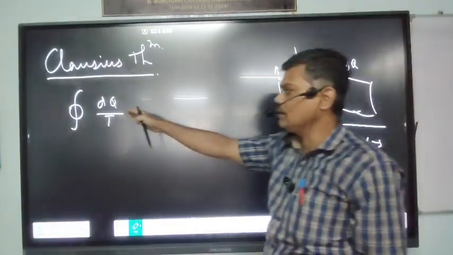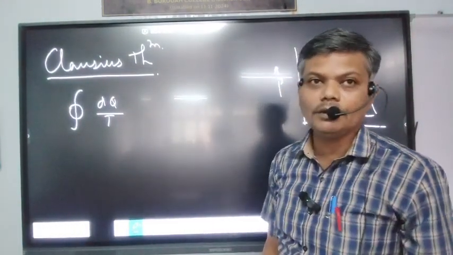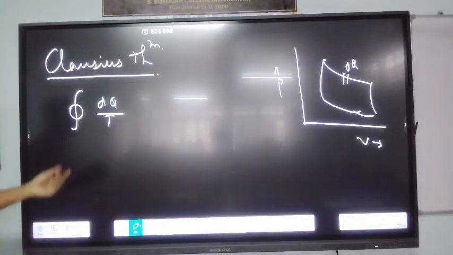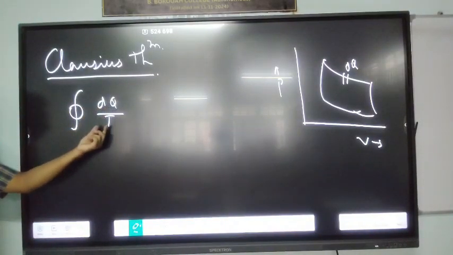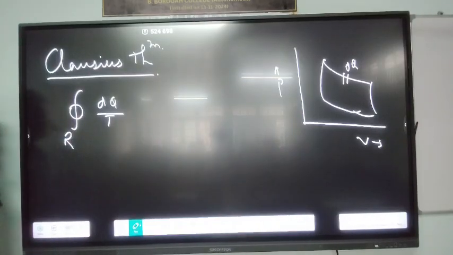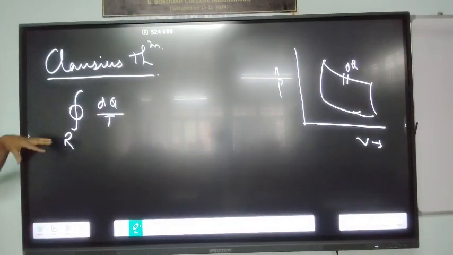So dq by T, and if I integrate it, I will get the whole thing. So he took a small portion dq divided by the temperature for the whole reversible cycle.